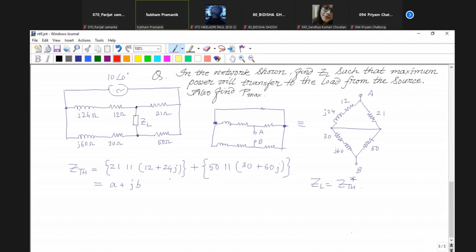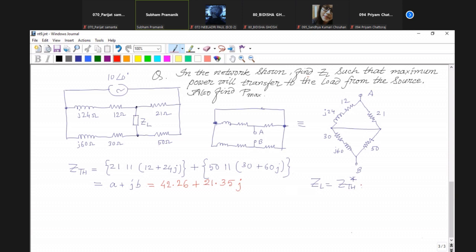I am writing the answer here. You check whether it is correct or not. 42.26 plus 21.35J. This is ZTH.